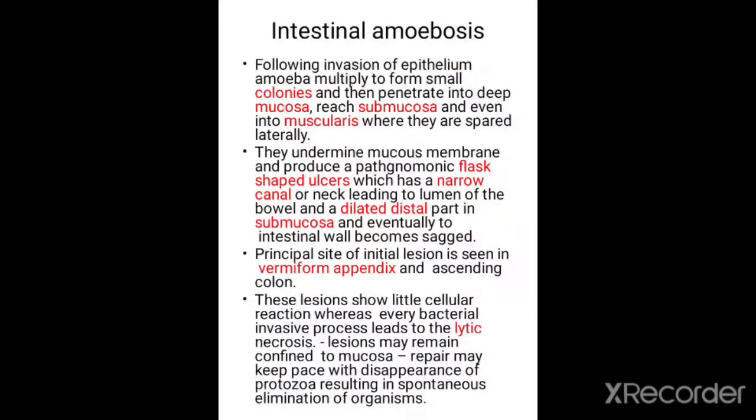Now, let us come to the different forms of amoebiosis. The first one is intestinal amoebiosis. Following the invasion of the epithelium, amoeba multiply to form small colonies and then penetrate into the deep mucosa, reaching the submucosa and even the muscularis.